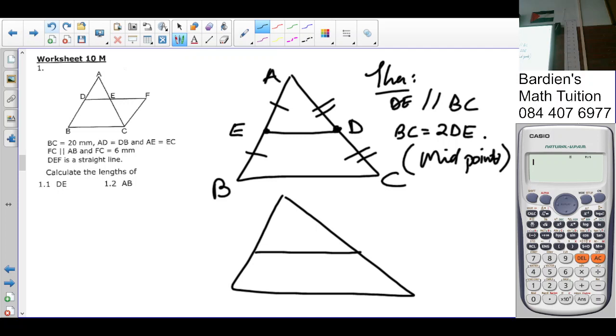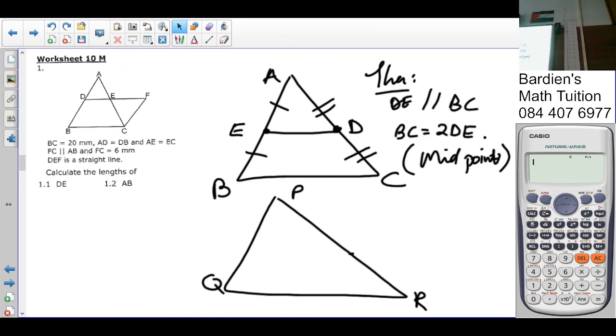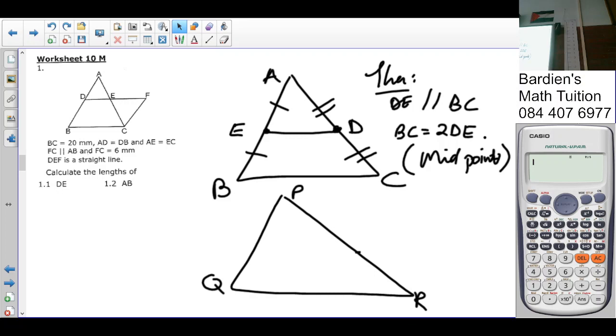Not the shoes. Converse is, in geometry, when we say the converse of a theorem, it's basically the reverse of that theorem. The converse is the reverse.